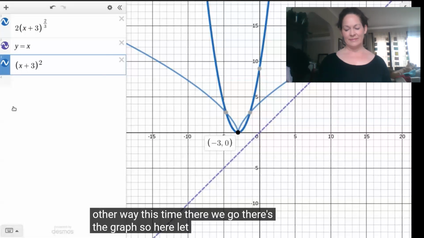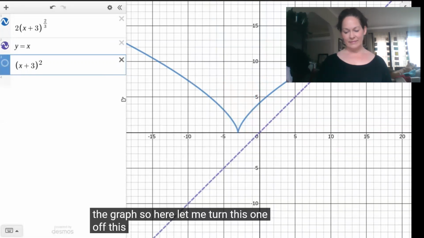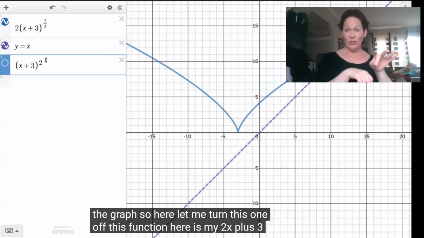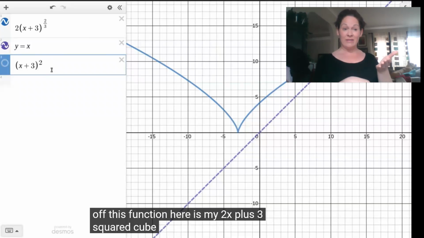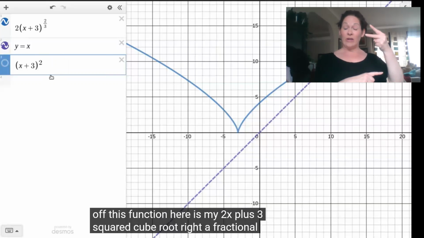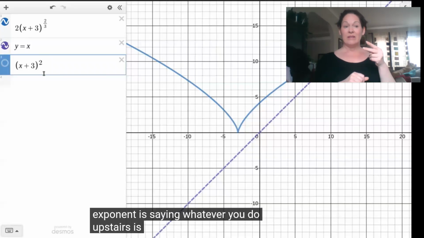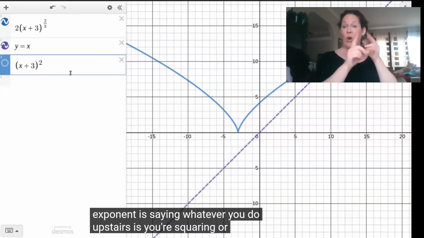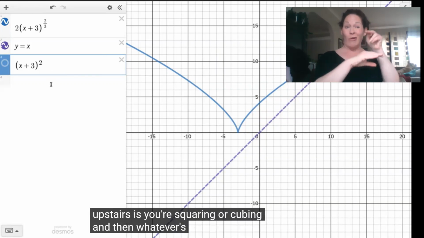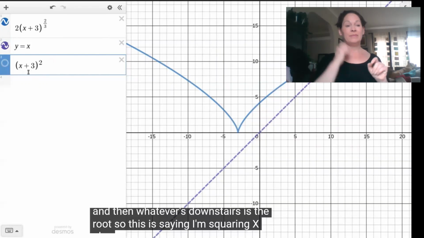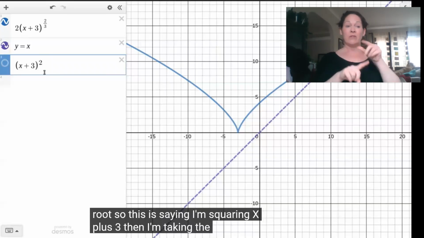So here, let me turn this one off. This function here is my 2 times x plus 3 squared, cube root. A fractional exponent is saying whatever you do upstairs is you're squaring or cubing, and whatever's downstairs is the root. So this is saying I'm squaring x plus 3, then I'm taking the cube root.